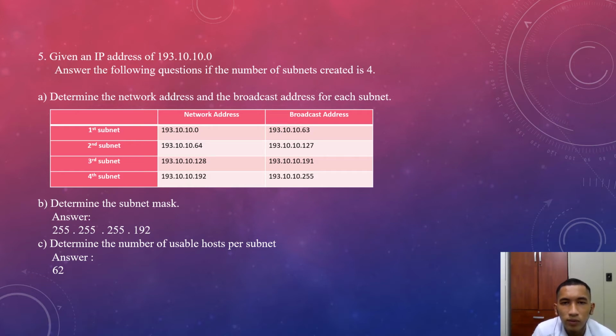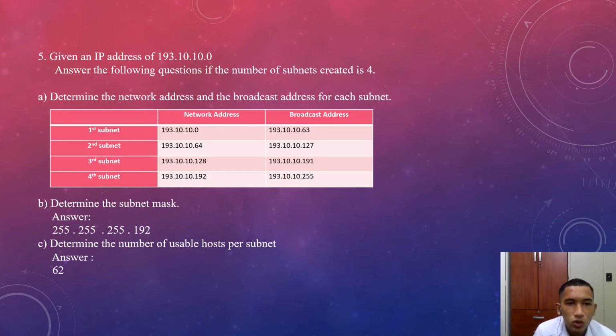For the third subnet, the network address is 193.10.10.128 and the broadcast address is 193.10.10.191. The fourth subnet's network address is 193.10.10.192 and the broadcast address is 193.10.10.255. Question B: determine the subnet mask.